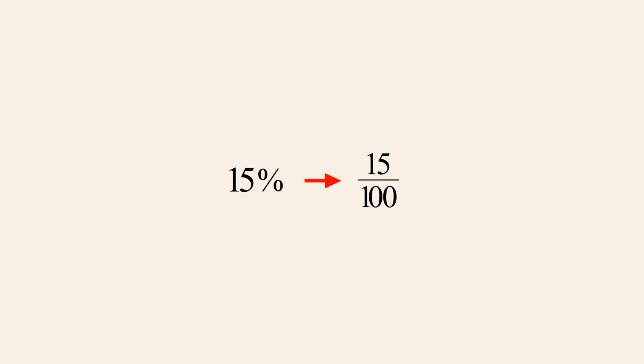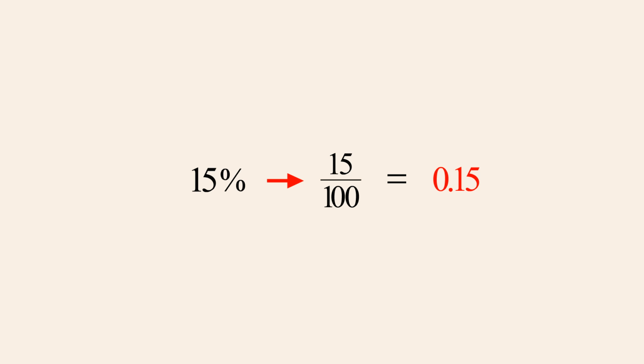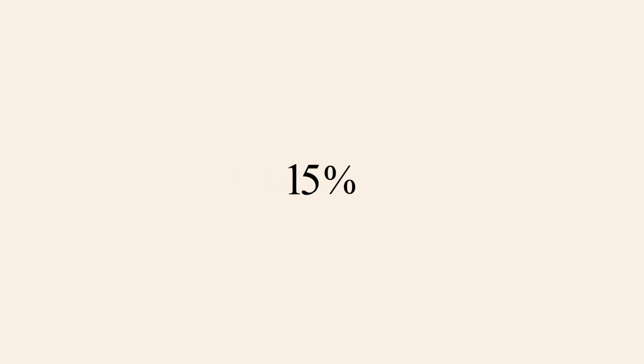In this example, 15 divided by 100 is 0.15. Of course, we could produce the same result of dividing by 100 by simply dropping the percent sign and shifting the decimal point 2 digits to the left.